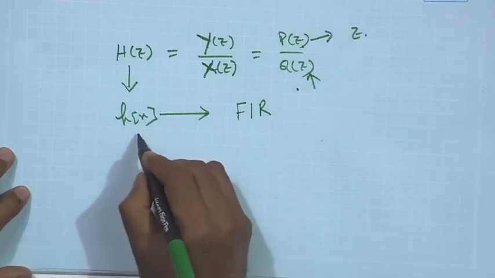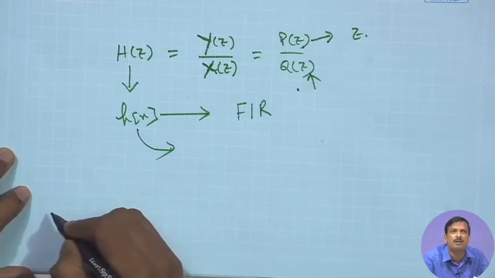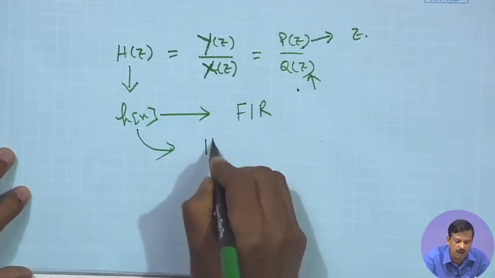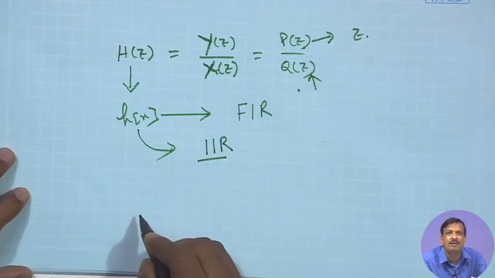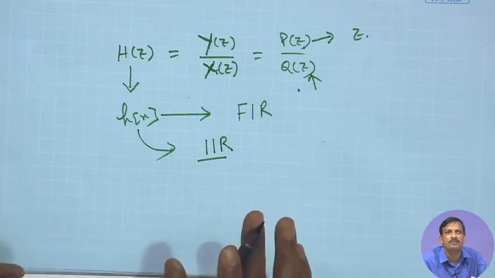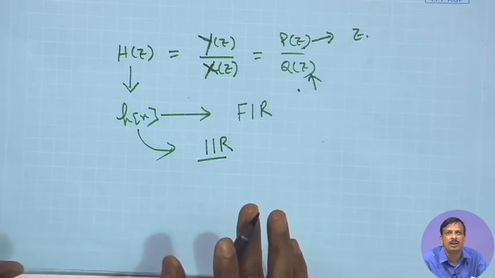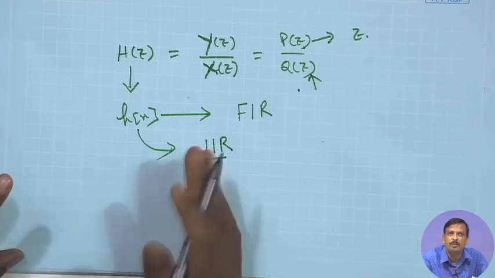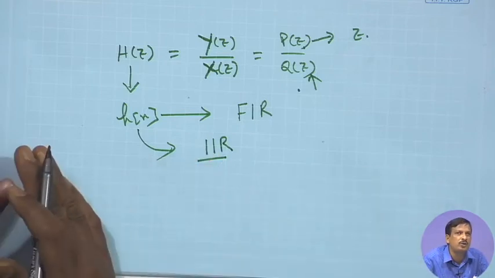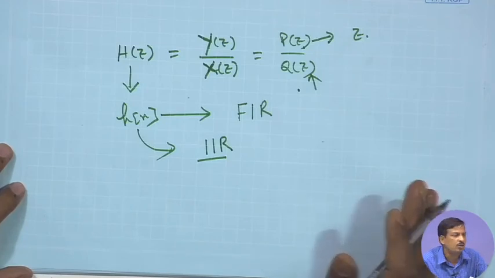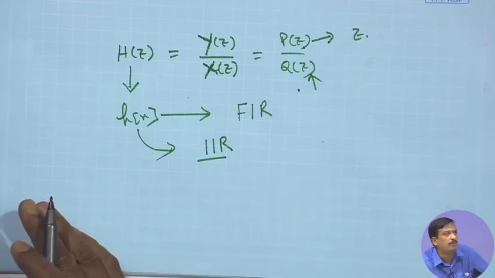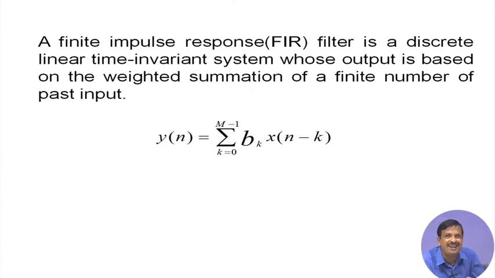If I implement using an infinite impulse response, where n varies from minus infinity to plus infinity, then I call it an IIR filter, infinite impulse response filter. So, one implementation procedure is finite impulse response, another is infinite impulse response. Let us discuss the FIR filter, the finite impulse response filter.